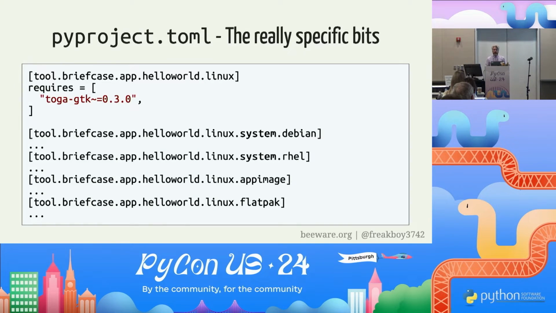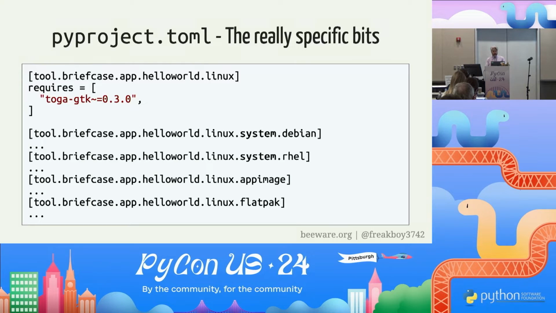Now, for macOS, we only need a macOS configuration, but the Linux configuration needs to go a little bit deeper. This is because Briefcase supports multiple packaging formats on Linux. There is a Linux section for things that are common to all Linux platforms, but there are also then format-specific sections. So, by default, Briefcase will generate a system package for your Linux distribution.